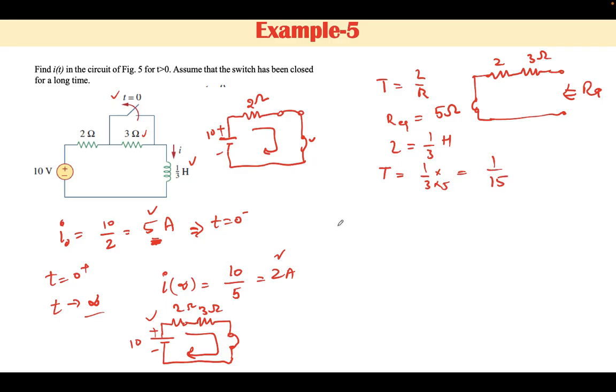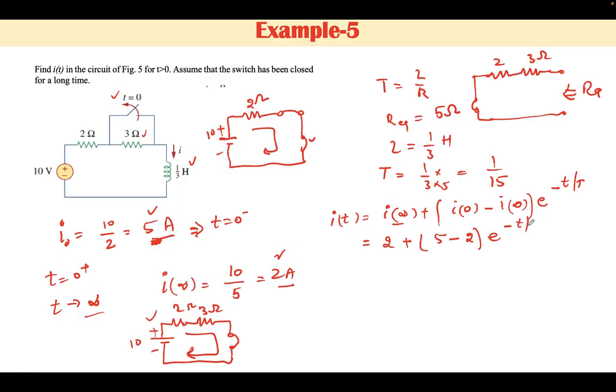Now applying the concept of initial and final value, we know I of t is equal to I of infinity plus I of 0, initial value, minus I of infinity, final value of current, e to power minus t upon capital T. Therefore, the final value of current is given as 2 ampere, 2 plus the initial value of current was 5 ampere, this is 5 minus 2, e to power minus t upon capital T, which is 1 by 15.